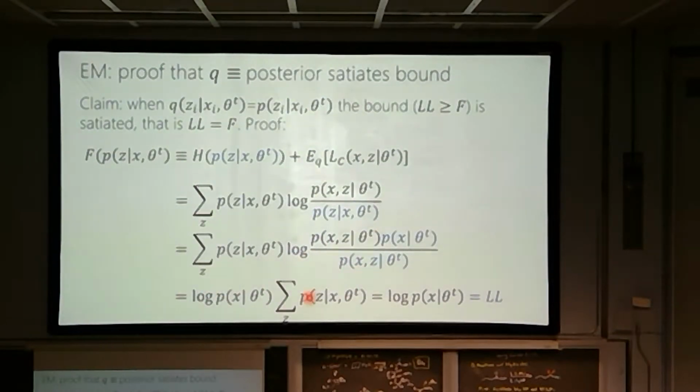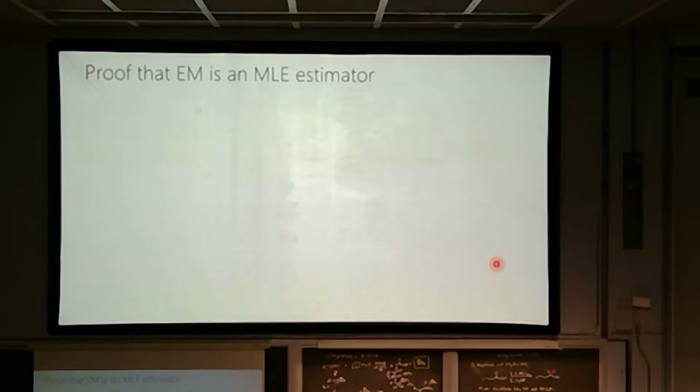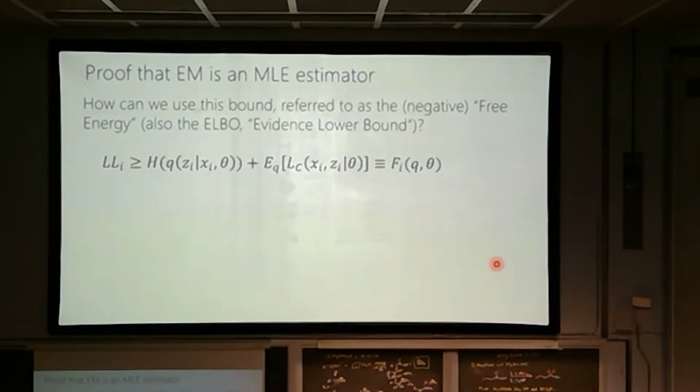So okay, it might be skipping some steps here because this doesn't seem obvious to me. But if anyone has trouble or wants me to expand that out, let me know. And you do end up getting the likelihood. So what that means is even though I've created this bound, which depends on some arbitrary distribution Q, when you plug Q in, you get the exact likelihood. Okay, so how are we going to use that?